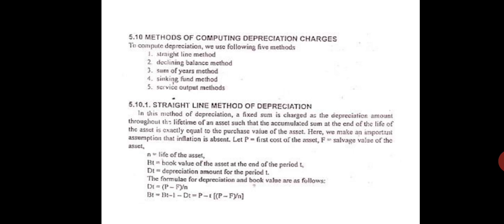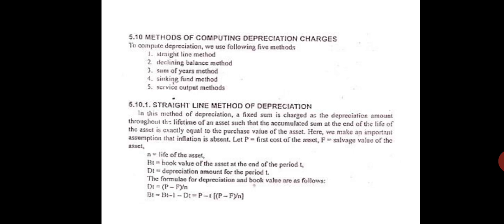In the straight line method of depreciation, a fixed sum is charged as a depreciation amount throughout the lifetime of an asset, such that the accumulated sum at the end of the life of the asset is exactly equal to the purchase value of the asset. Suppose taking the case of a taxi, a 15 lakhs worth taxi with a useful life of 15 years.